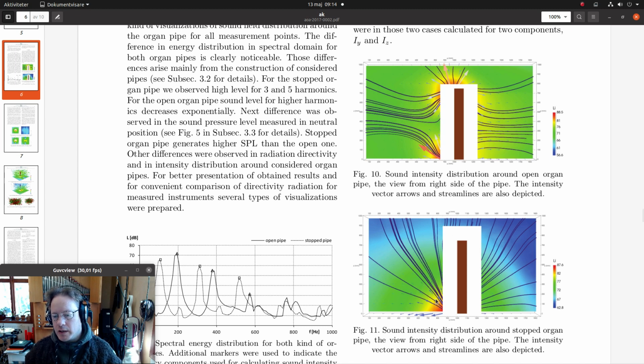But you see that it goes quite sharply raising where the sound will go. That should be some indication.